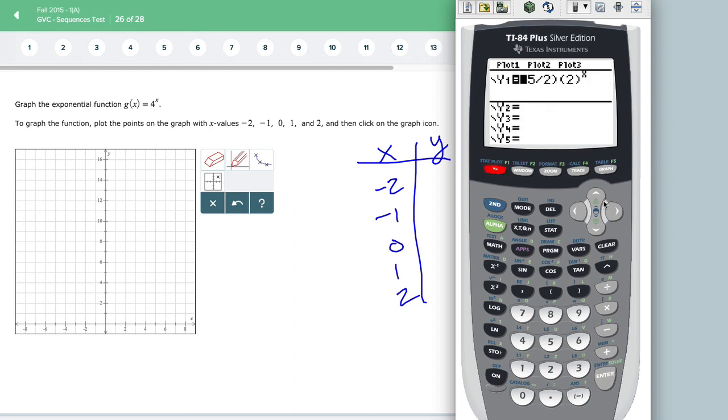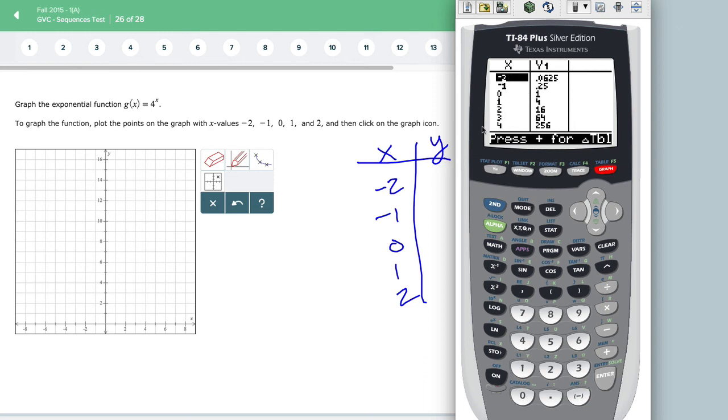So I'm going to go y equals, clear anything that's there, and I see 4 raised to the x power, so 4 raised to the x power, second table. And it does all the work for me, so my -2 is 0.0625. Don't round it if you can help it. If it's a big long number, just do the fraction. So then 0.25, and then 1, and then 4, and 16.